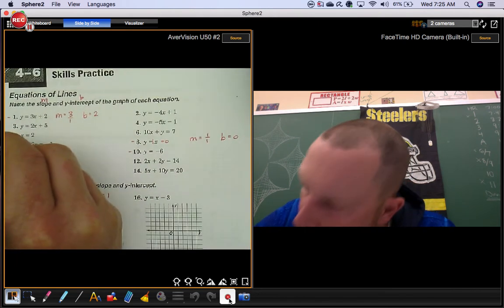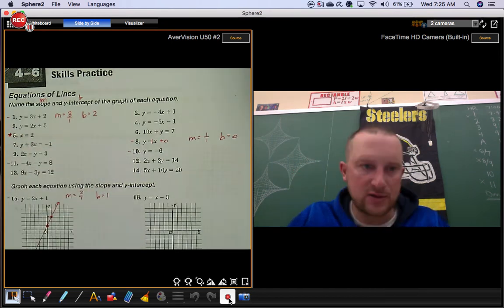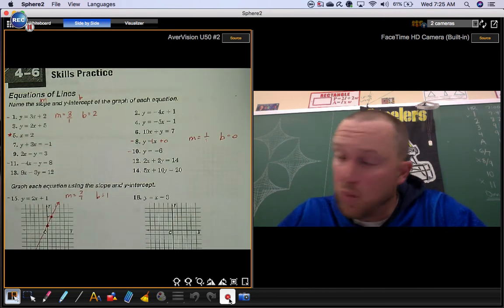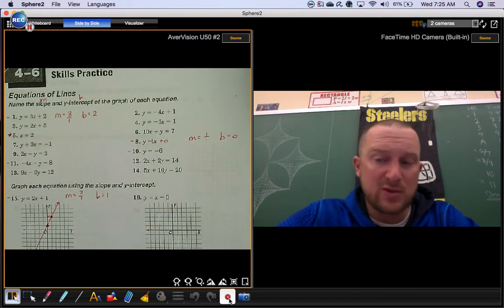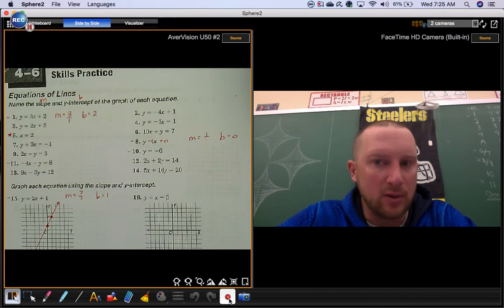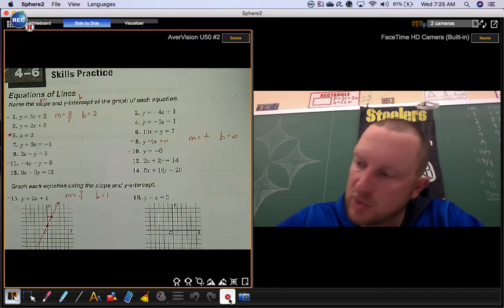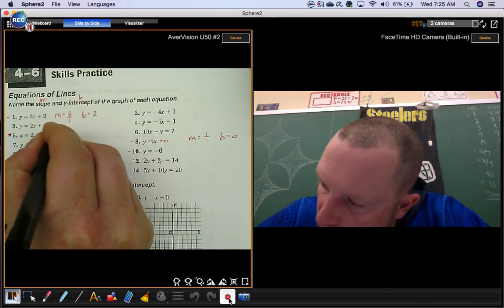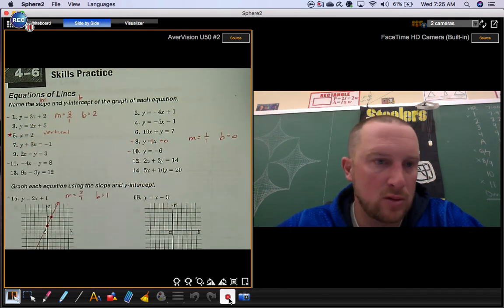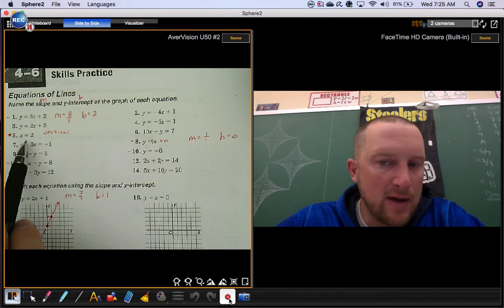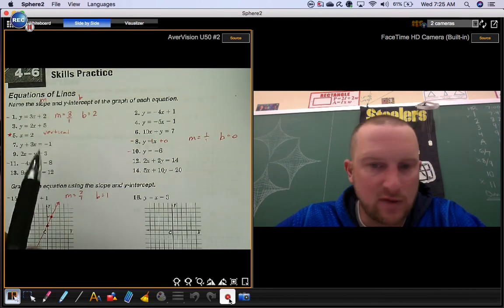Number 5. I'll put a little star beside that one. There's only one variable here. So this is really easy if you can remember what happens when there's only one variable. If x equals 2, your line is going to be vertical. So if there's no y value, the line is vertical.